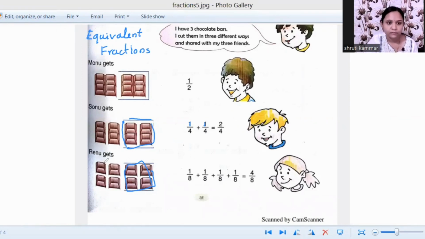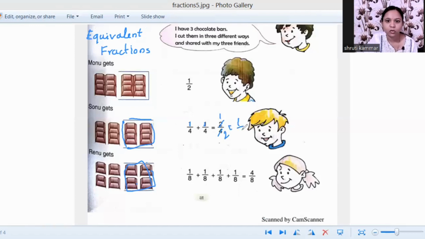The third chocolate bar, he divided into 8 parts, and 4 of those 8 parts he gave to Renu. So Renu gets 1/8, 1/8, 1/8, 1/8, 4 parts. Okay. We divide this. 2 1s are 2, 2 2s are 4.